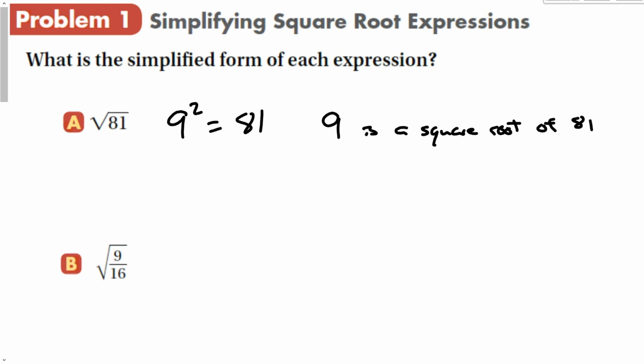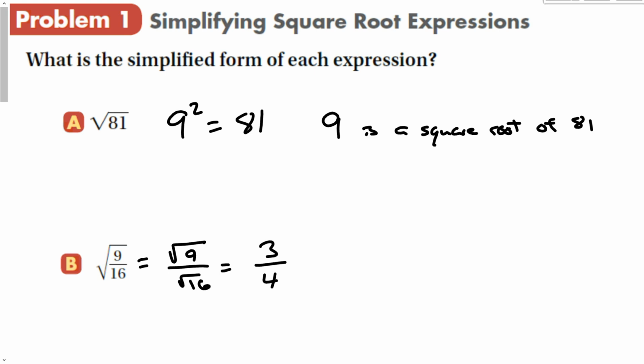We can also do it with fractions. It's best to look at fractions as two separate things: look at the top, look at the bottom. Because 9 and 16 don't reduce, I can think of this as the square root of 9 over the square root of 16. 3 times 3 gives me 9, and 4 times 4 gives me 16.